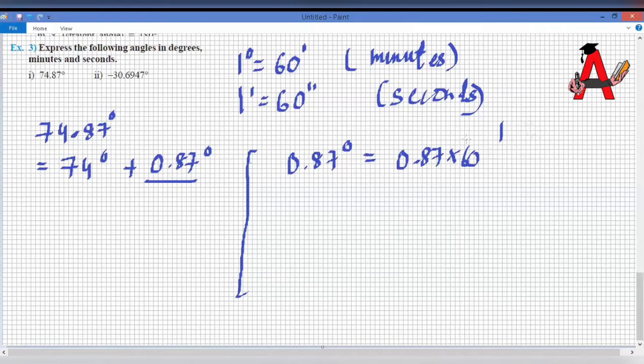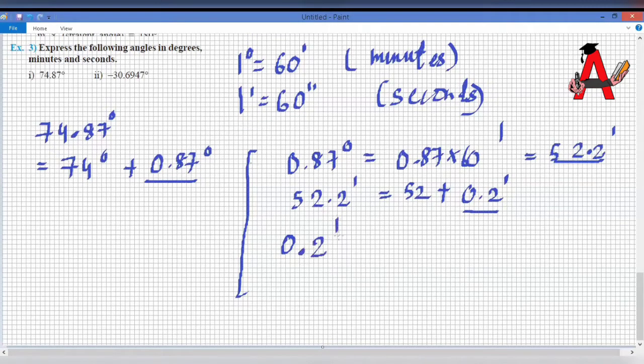So I have converted it into 52.2 minutes. Again, this part is decimal. I can write 52.2 minutes as 52 plus 0.2 minutes. This 0.2 minutes I also have to convert into seconds. So I know 1 minute is equal to 60 seconds.